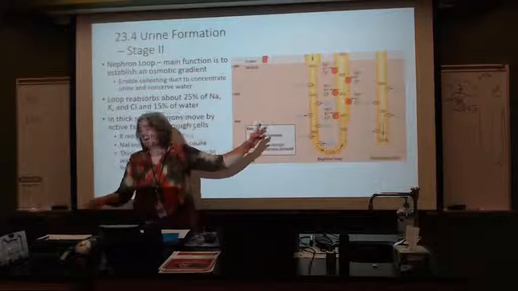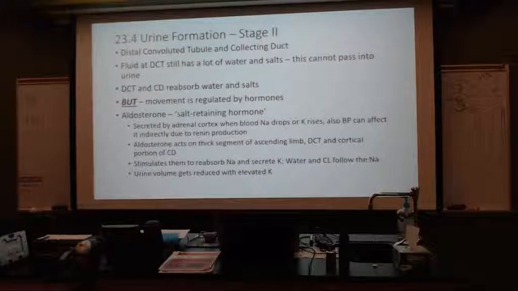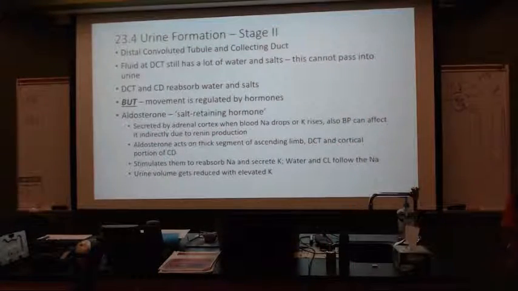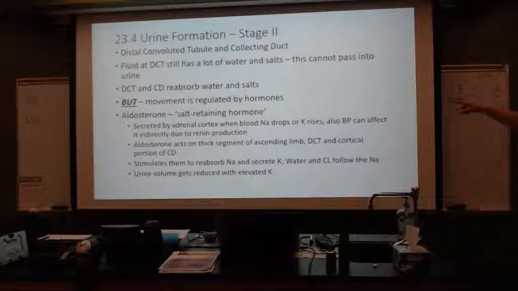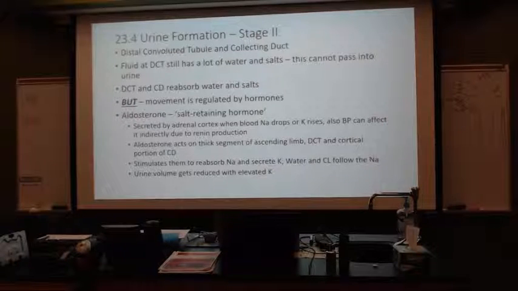Now, as I get through that nephron loop, the next portion of the nephron is my distal convoluted tubule, and then my collecting duct. For my DCT, believe it or not, 20% of water. That's still a lot. 20% of 180 is 36 liters.